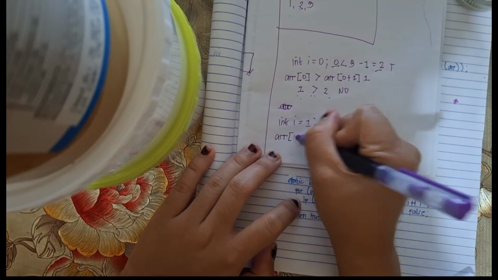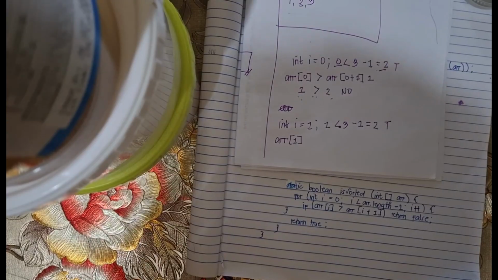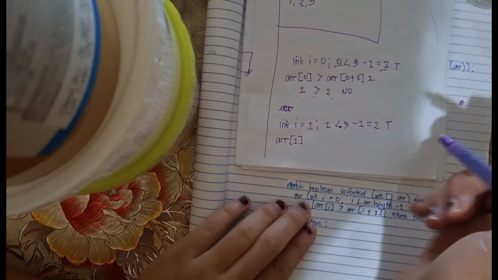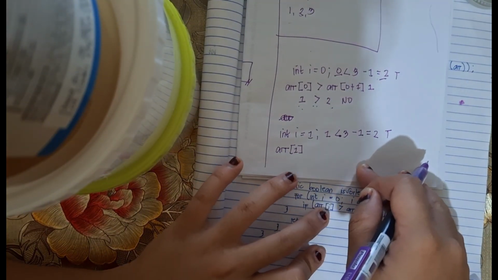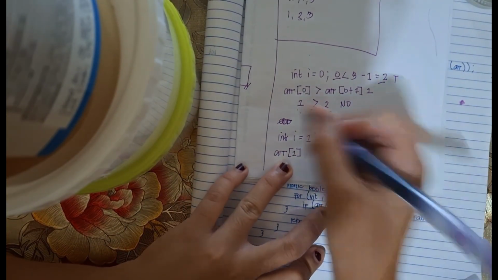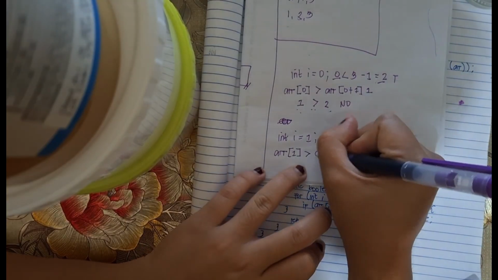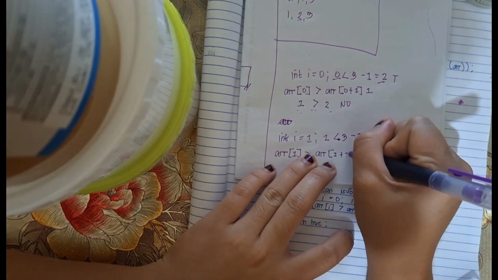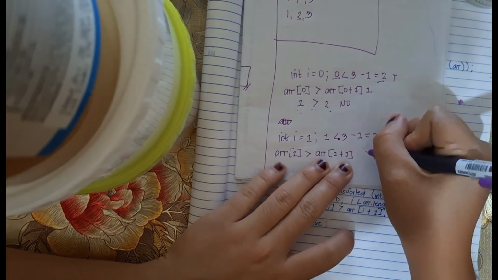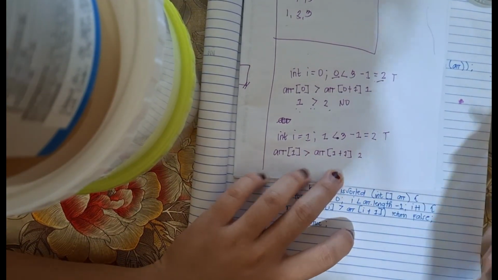Array i, which is na i-value nga 1. So, if array i, ang i value na is 1, is greater than array i, which is 1 plus 1. So, 1 plus 1, 2.